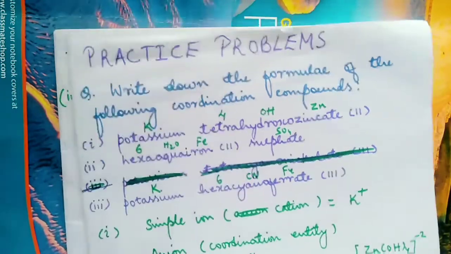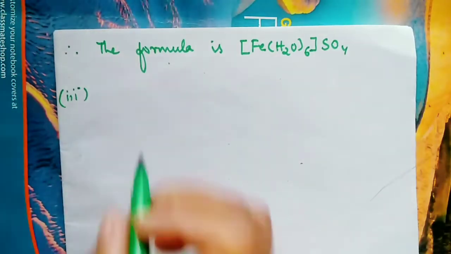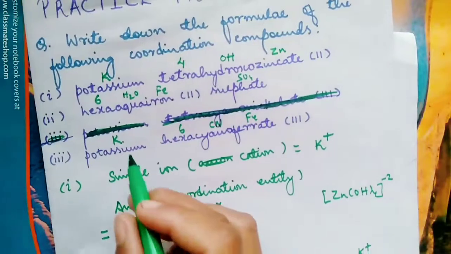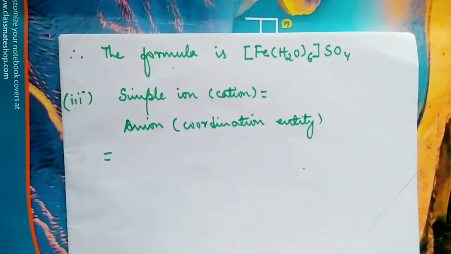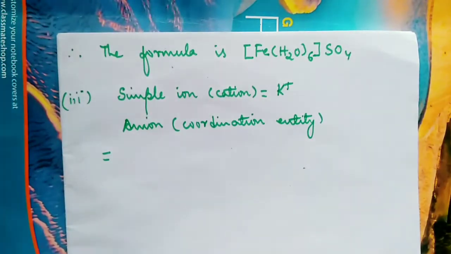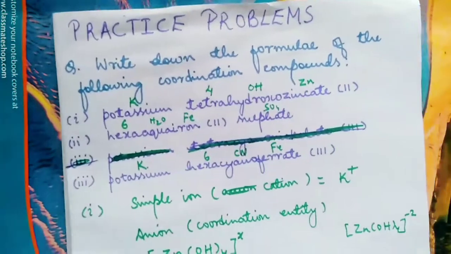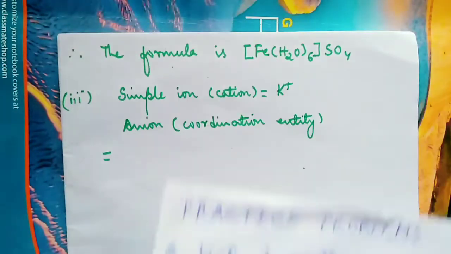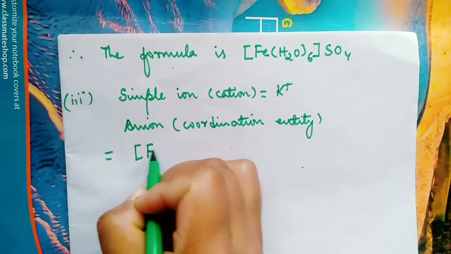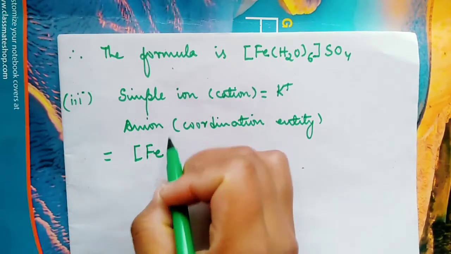Obviously it is a cation, so our simple ion is our cation, that is K plus, and then we come to the coordination entity, that is hexacyanoferrate.